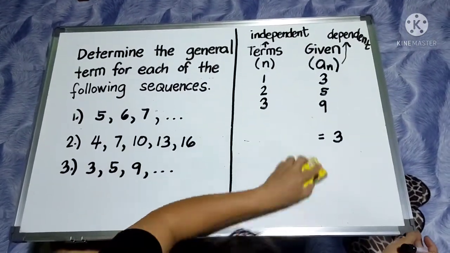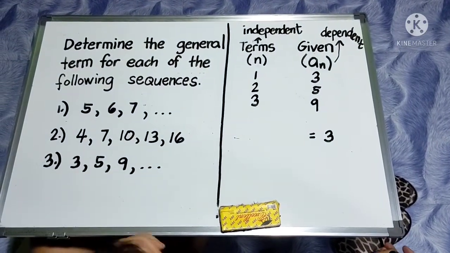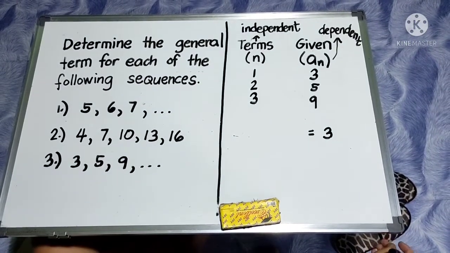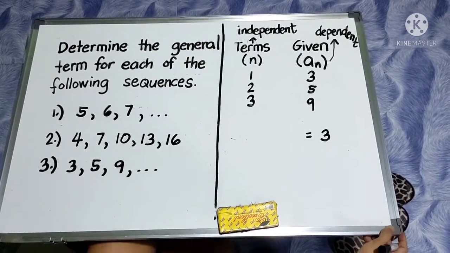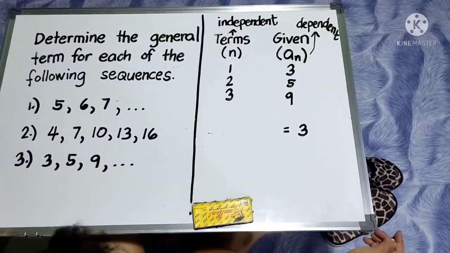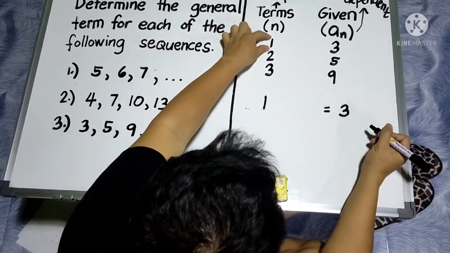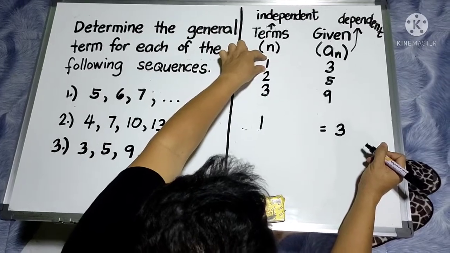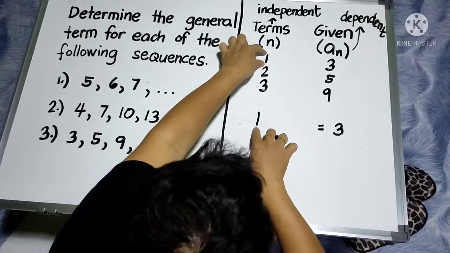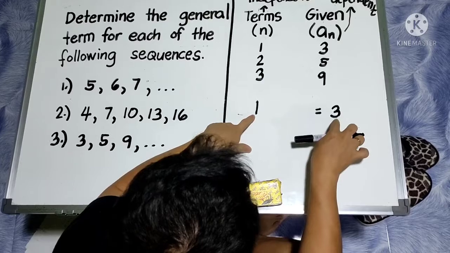If it is not division, proceed to the next one, which is exponent. You have to entertain the thought of having exponents. So let us try if we'll consider exponents here. Copy 1. So, what will be your exponent of your 1 to get 3?